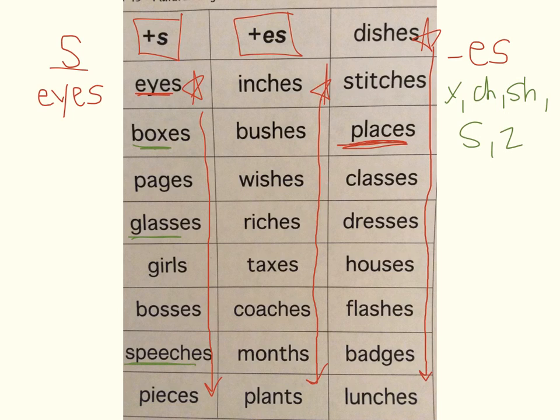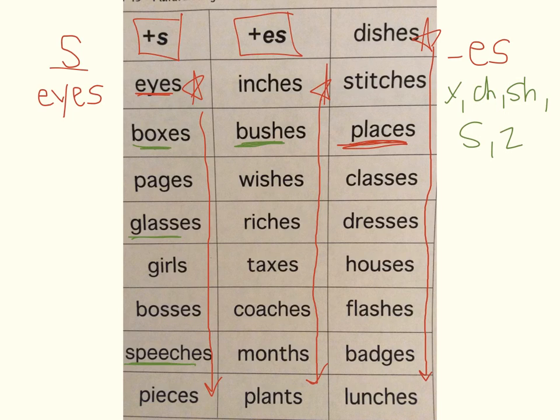Speeches ends in CH, so you're adding an ES. Bushes ends in an SH, so you're adding ES. And I think we hit all of the endings there. There are more that have those endings that add ES, but I'm going to let you go ahead and take a peek and look for those.